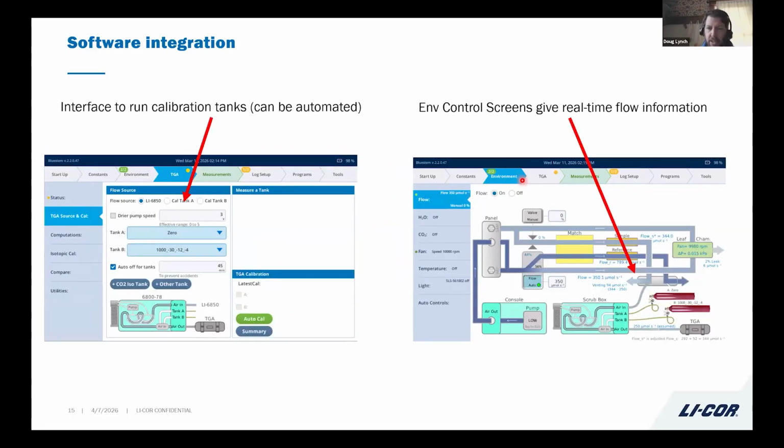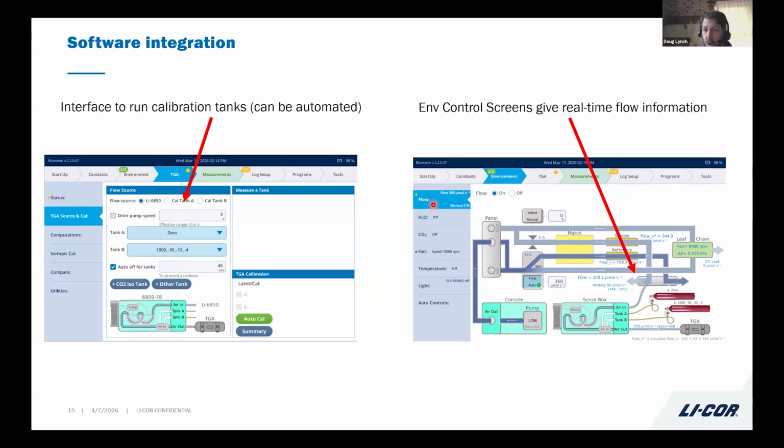Moving down in that TGA tab, we have this source and calibration section, which gives you information on the status of that dryer box I mentioned, which is depicted here, and the flow going towards the TGA. It allows you to turn calibration tanks on and off here. That can also be automated as part of your workflow. There are also some updates to our environmental control screens.